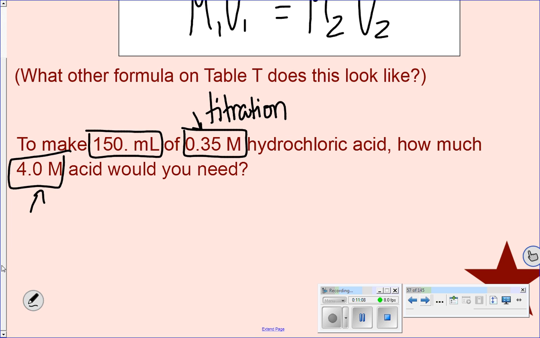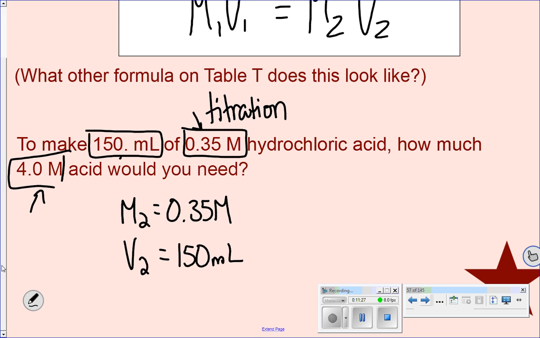So our goal is to get an M2 of 0.35 molar, and a V2, or an amount, so this is our volume right here, of 150 milliliters, starting from our initial molarity of 4 molar. Now, whether you call these 1 or 2, it doesn't matter, as long as the 0.35 and the 150 are grouped together.